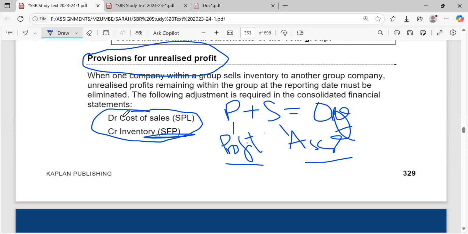So we choose the cost of sales line item as the place to adjust for the provision for unrealized profit. You debit the cost of sales, increasing the cost of sales, which has the impact of reducing the profit, right? So that's why you see debit cost of sales. That's why we have these figures and also these figures, right?